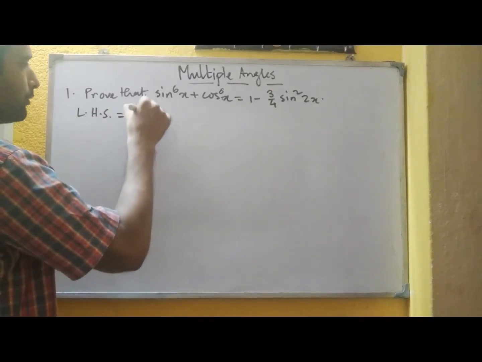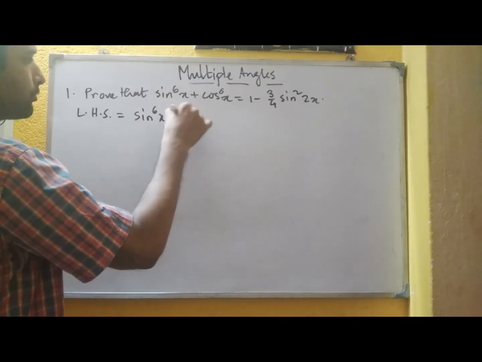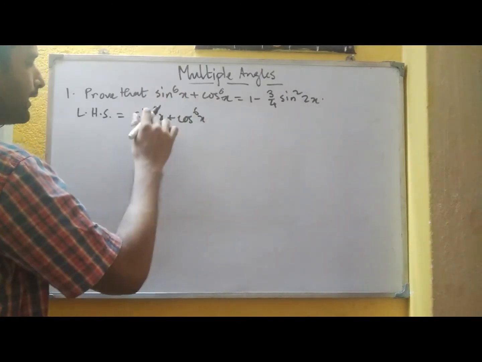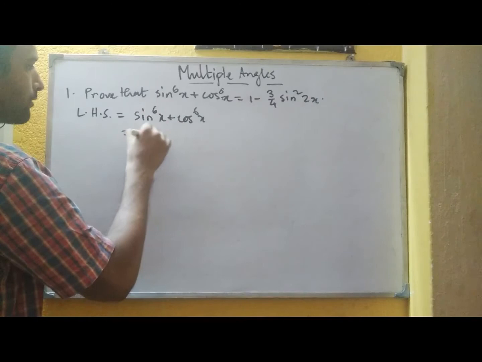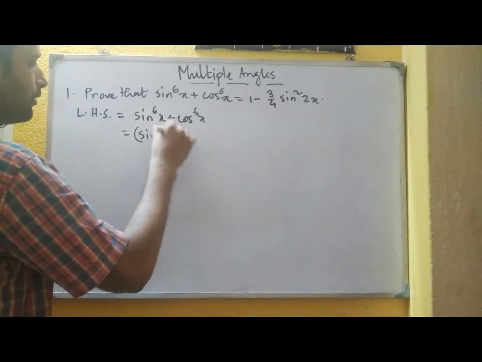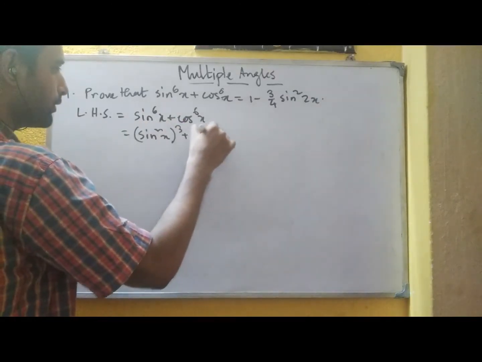So it is sin to the power 6x plus cos to the power 6x, and we can write it as sin square whole cube plus cos square whole cube.